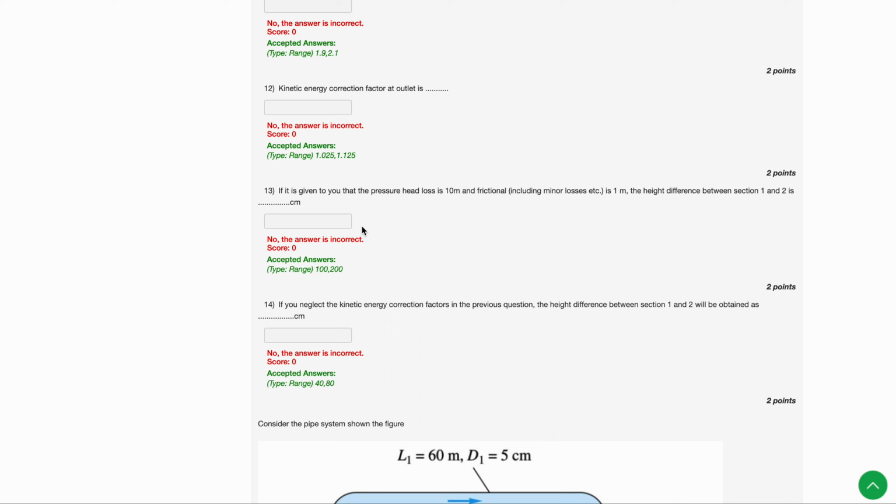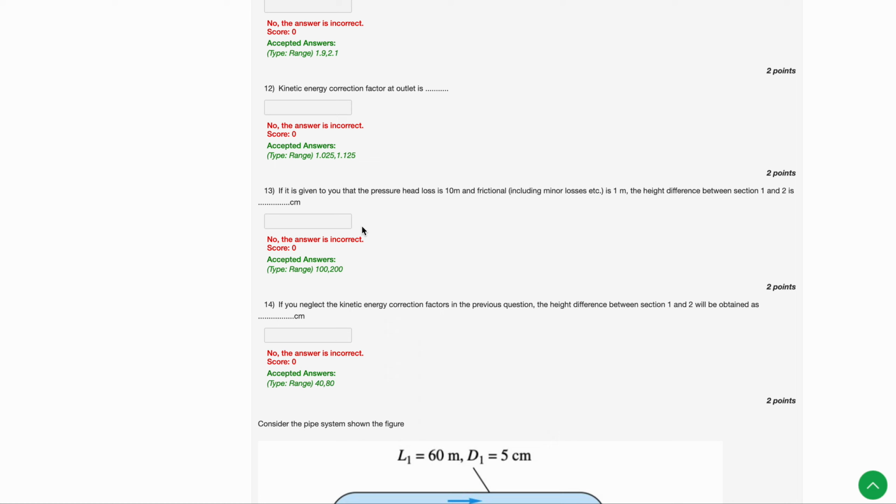That's all. So that means Z2 minus Z1 is equal to P1 minus P2 divided by rho g plus 1 by 2g into alpha 1 into V average 1 square minus alpha 2 V average 2 square minus HL.